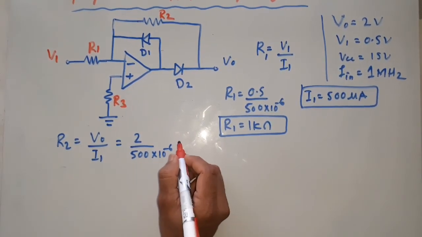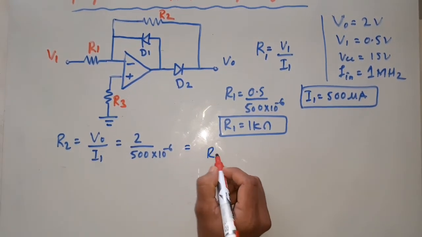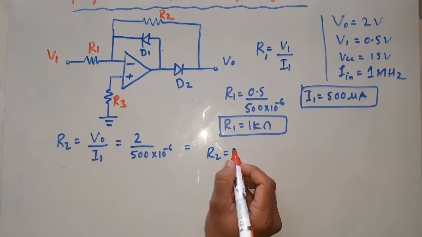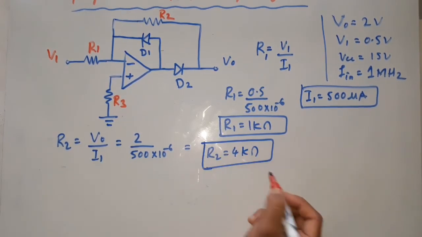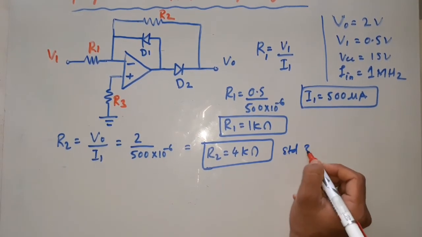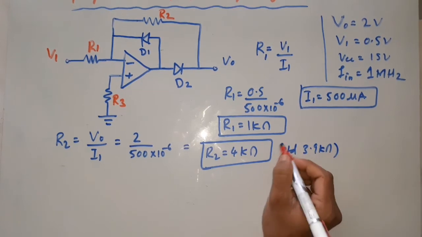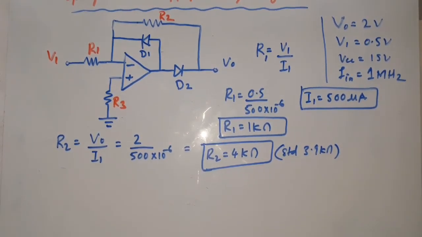If you solve this, you will get R2 equal to 4 kilo ohm. The standard value for this is 3.9 kilo ohms.